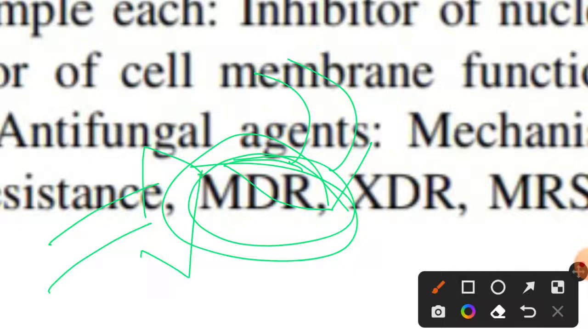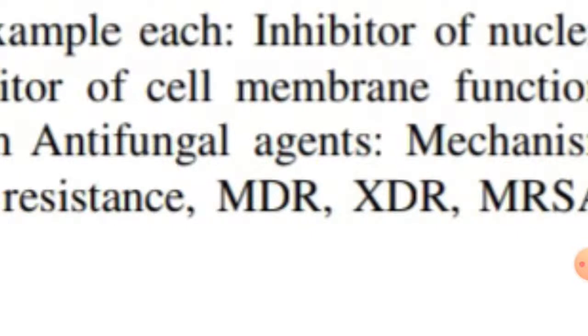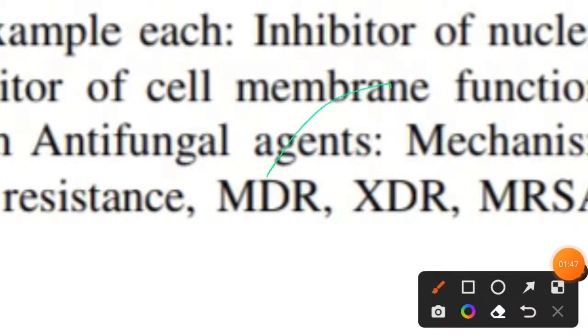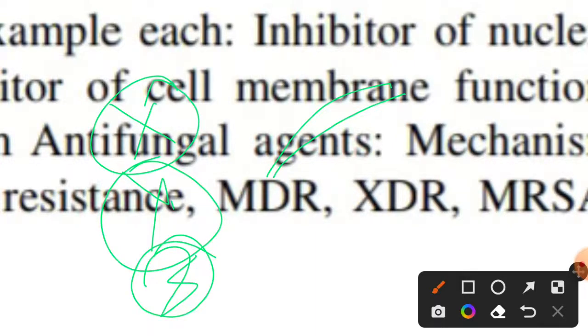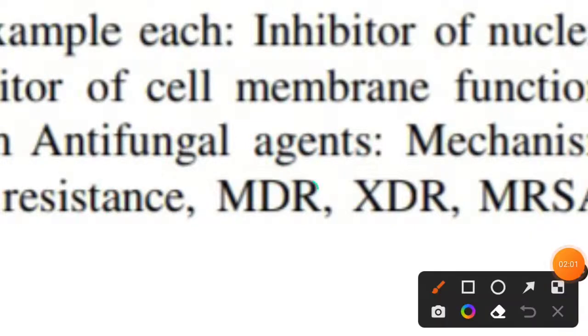Later they saw that there are various degrees of MDR present. I told you with the example of XYZ in the MDR video. So if you want to understand MDR very well, I recommend you go and watch the MDR video and then come back here, and it will be very useful for you too.